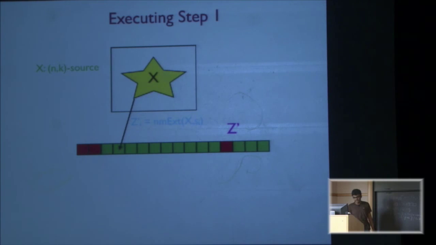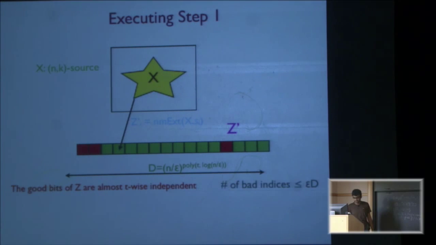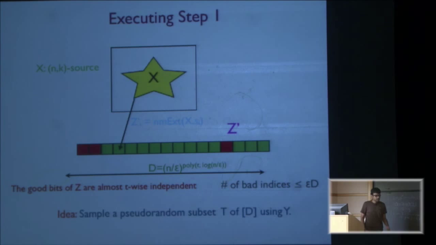Now the crucial idea is to sample a small subset of coordinates from this large string z prime using the second source y.